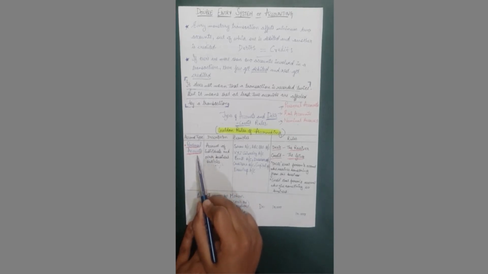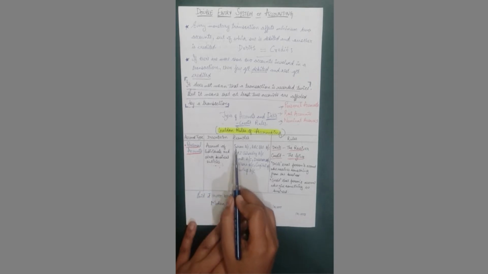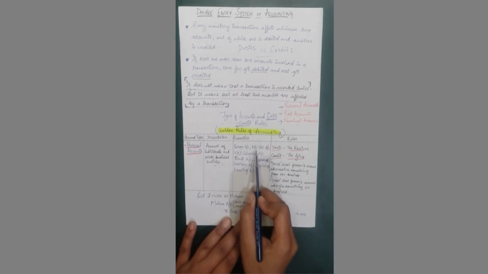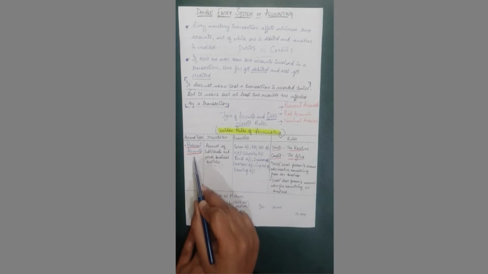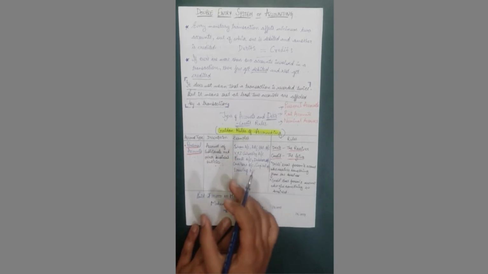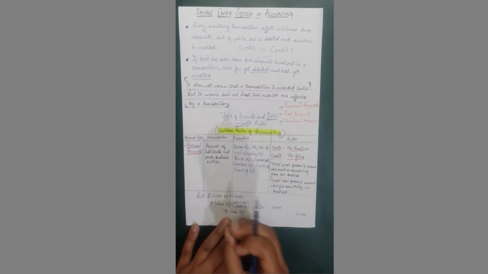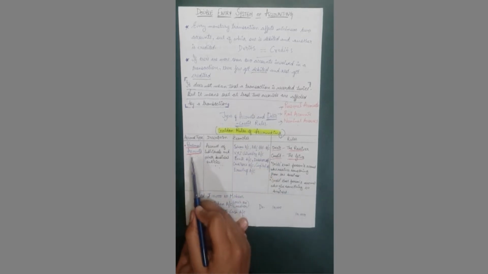then all those accounts will be your personal accounts, right? So for example, the account of Sohan, suppose that Sohan is your supplier, the supplier of your organization. Suppose that the organization is purchasing goods from ABC Limited. This ABC Limited is a business entity, and it will also be a personal account, right? So the accounts of all the persons and all the business organizations are categorized under the head of personal accounts, right?